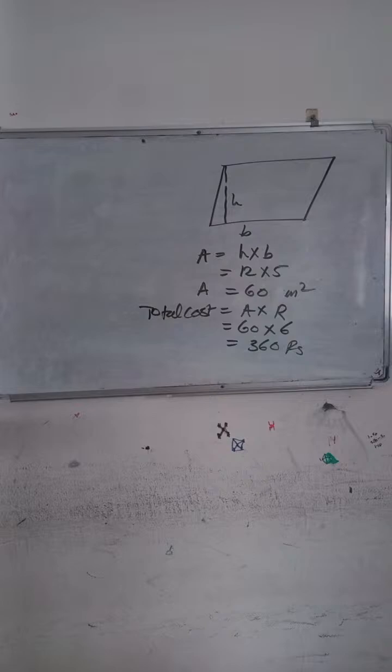If one of the sides containing the right angle is 5 centimeter, find the other side. I'll repeat this.